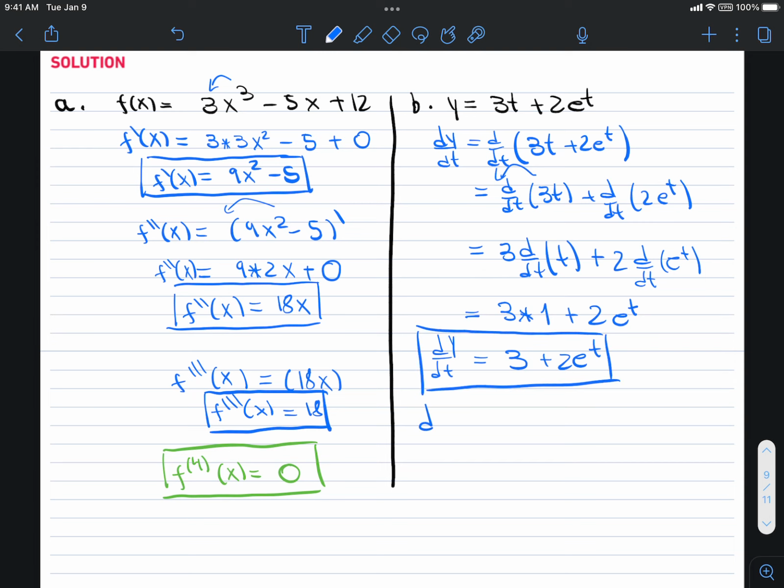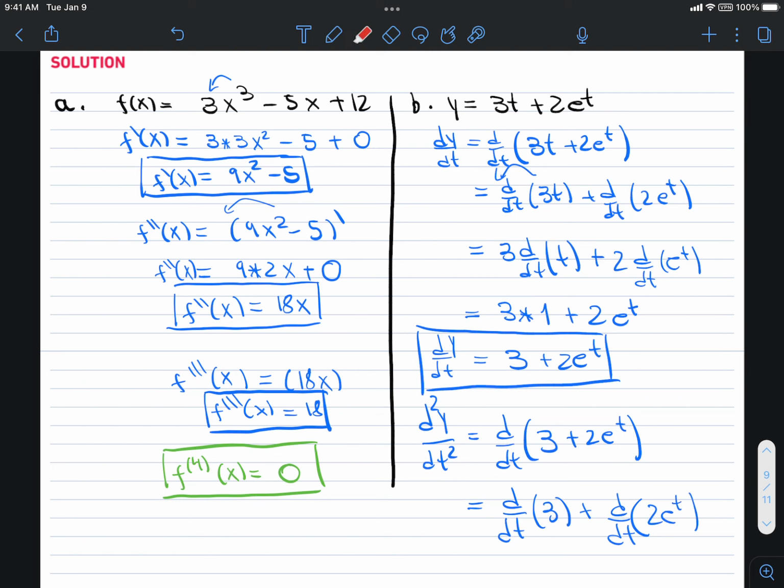Now let's do the second derivative, d2y/dt2. So that's the derivative of the first function that I found. I do the same thing, split it up using the sum rule. What's going to happen now is that this derivative is something that I have already calculated.